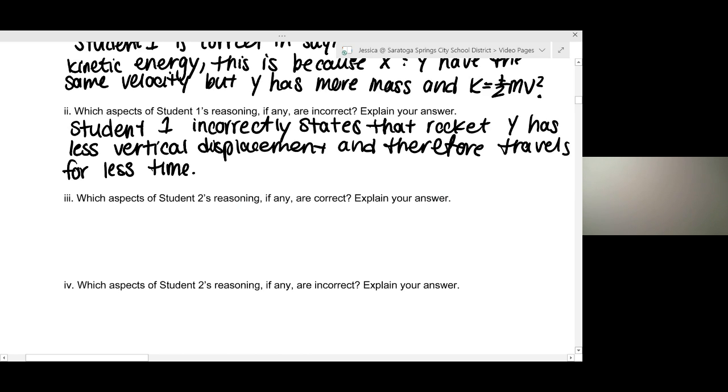Okay, so that's what the student says. That is incorrect.